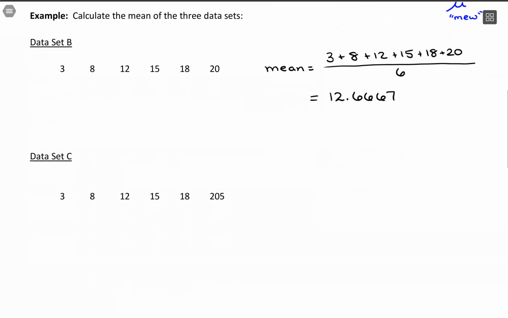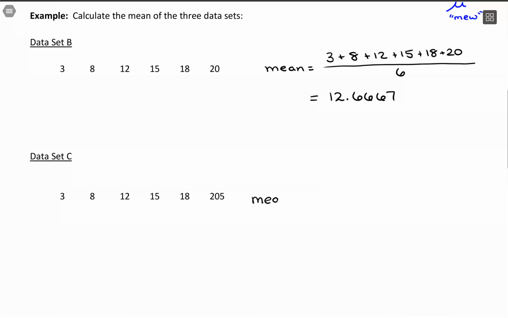All right, so if we have data set C here, what I did is I copied data set B exactly. All I did was change this last number, just so that we could see what happens when we throw in an outlier. This is very different and separate from the rest of the data. What we could do is compare it to our previous mean and see how it changes.